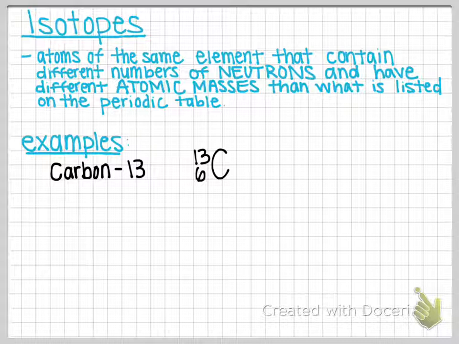I'm going to label what those numbers stand for. So this 13 is the same as this 13, and that is your mass number. The 6 on the bottom there stands for your atomic number.